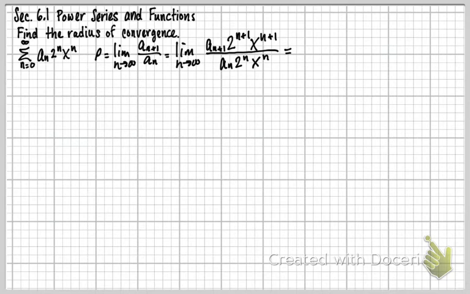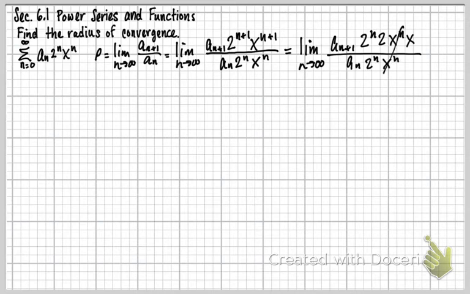So I'm just going to rewrite this, and I rewrite it for your sake. So no big deal. This is really 2 to the n times 2, and this is really x to the n times x. And that's all over a to the n, 2 to the n, x to the n. And I just want you to see how all of this cancels so nicely here.